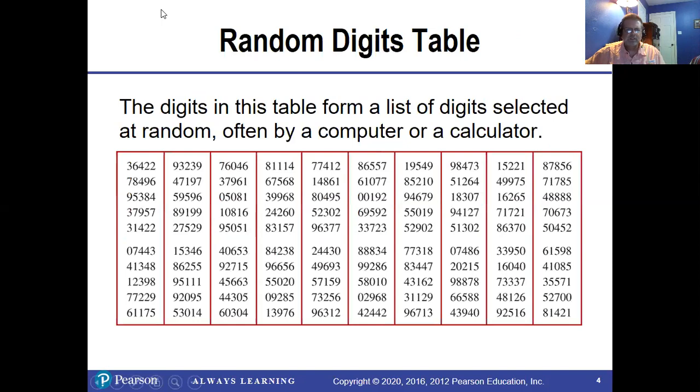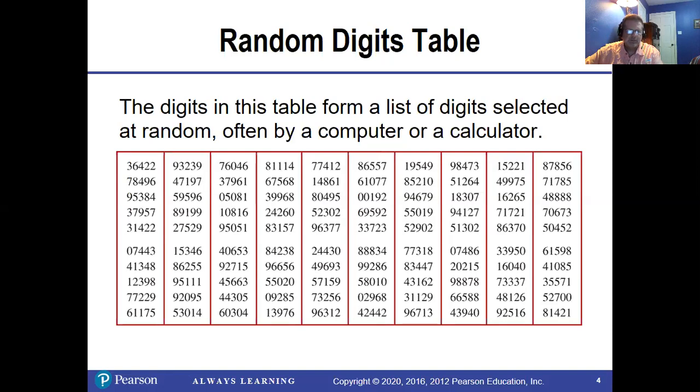What they'll do is make random digit tables. This is just an example of one. It's randomized by maybe a computer or calculator. You can't really do it by hand because it's not very random. You look through here, you have 5 digits, which probably means there's going to be 5 trials, and each number is going to represent something.